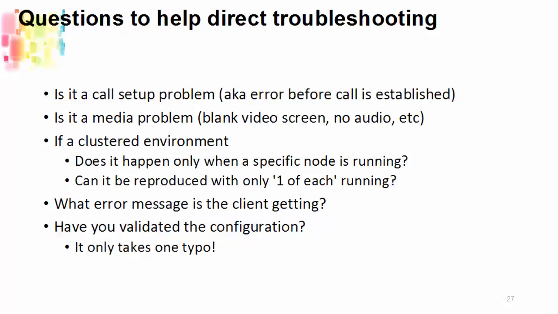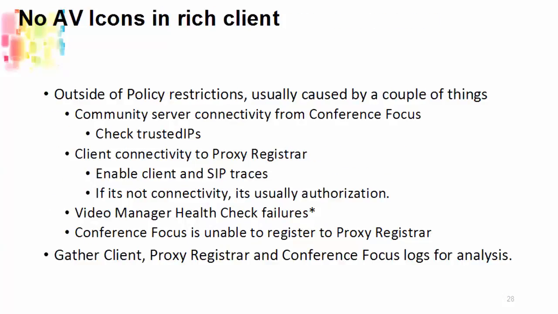Let's move on to the next slide. So some scenarios. No AV icons in the rich client. Outside of policy restrictions, where you've said in policy that the user isn't able to use the service, it's usually caused by a couple of things. Whether or not the conference focus servers and the community servers can talk to each other. The conference focus server, sometimes we call it the conference manager, is the server that tells community that audio video is available, just from a system standpoint.